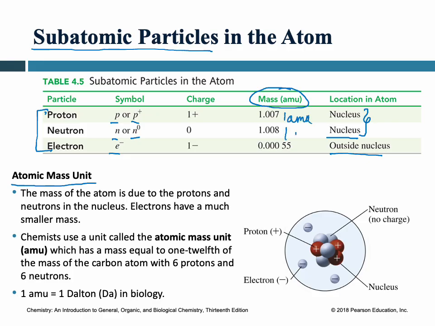The mass of a neutron is also 1 AMU, whereas the mass of an electron is 0.0005, which is almost 0 AMU. Most of the mass is contained inside the nucleus by protons and neutrons, and electrons are negligible in mass. That is what the atomic mass unit is. It is just a different unit that is used when we are describing the mass of atoms.